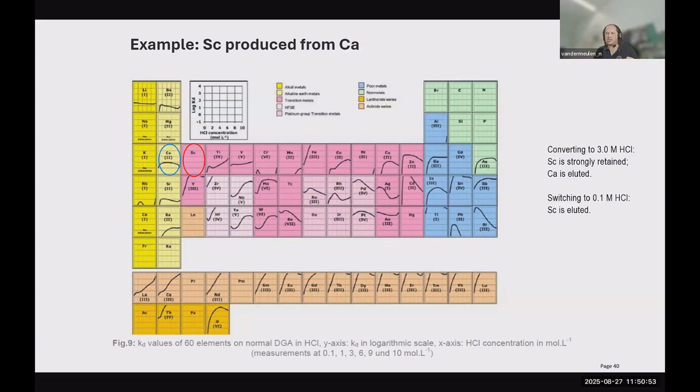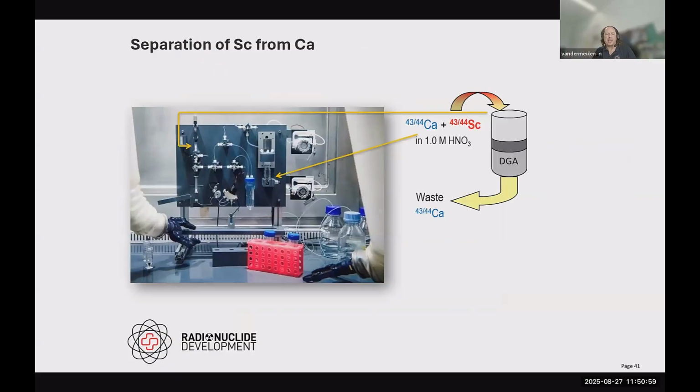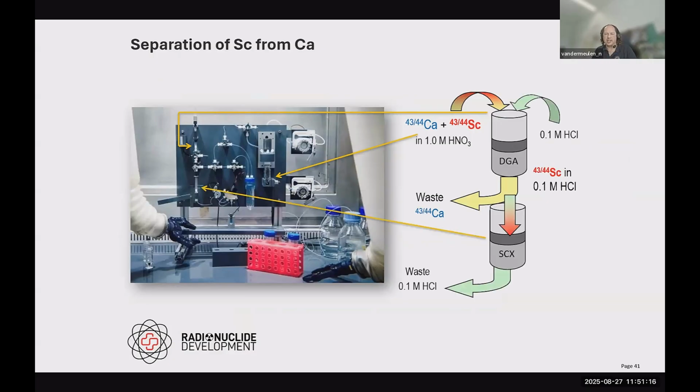So irradiating calcium, being able to produce your scandium. You devise your chemical separation system to first have your DGA resin that does all the work for you to separate your calcium and scandium, as I've described before, using your nitric acid to dissolve and pass through the resin. You rinse it with your hydrochloric acid, and then take it off in your HCl as well.